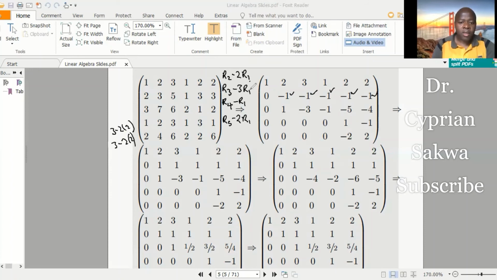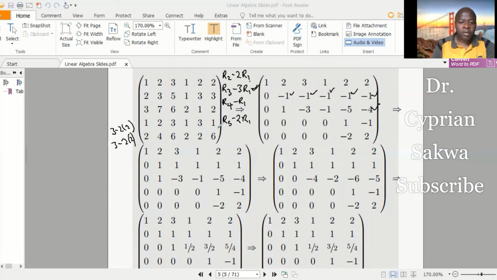I now want to carry out this operation: row 3 minus 3 row 1. So 3 minus 3 times 1 is 0. 7 minus 3 times 2 is 1. 6 minus 3 multiplied by 3 will be negative 3. So I did it for the entire row and I come up to here.